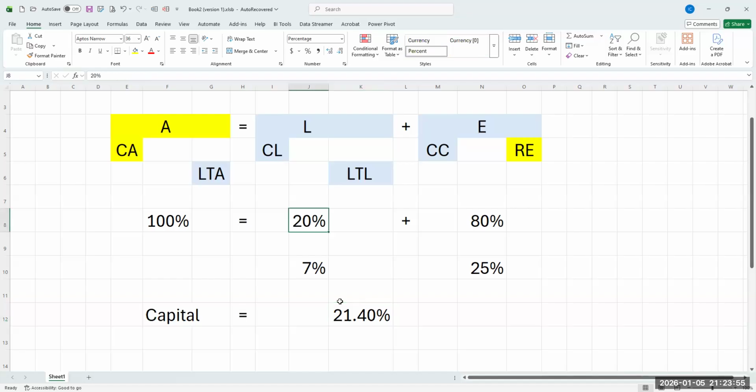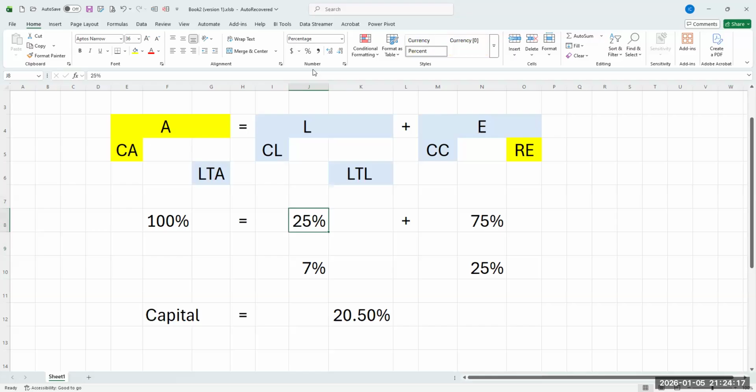So just to reiterate your point, say the liabilities were 25% and down there it's 7. That's a bad thing for me compared to that previous example. So watch this.